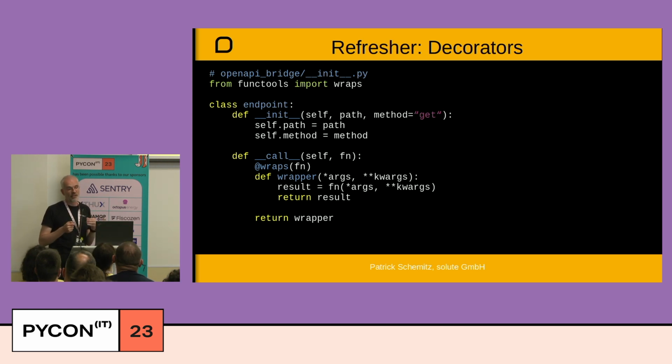But in the end, it will just return an inner wrapper function that will be called whenever the original function is invoked, and the args intended for the original function it will then pass along to fn, the decorated function. And this wraps just fixes docstrings and stuff like that. So let's fill this with life.